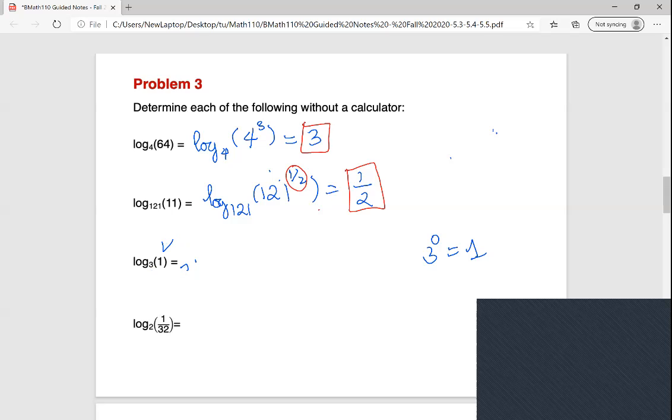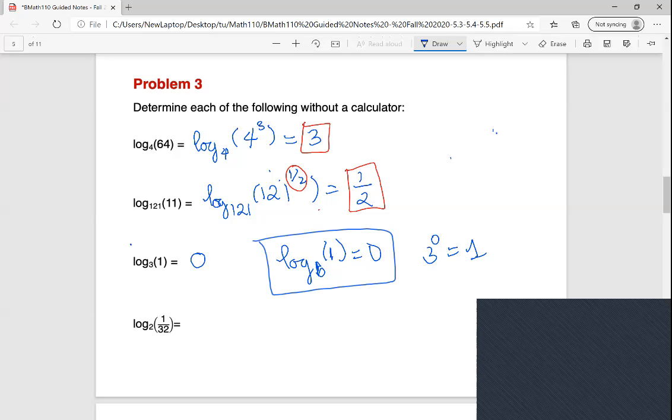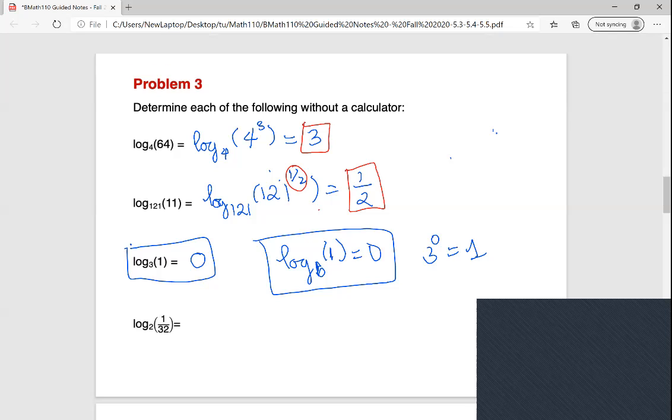So I can just say equal to 0. And I would like to have a formula: log base b of 1 will always equal 0. So that is a special case for you to remember, and that is also the answer of this problem. All right.